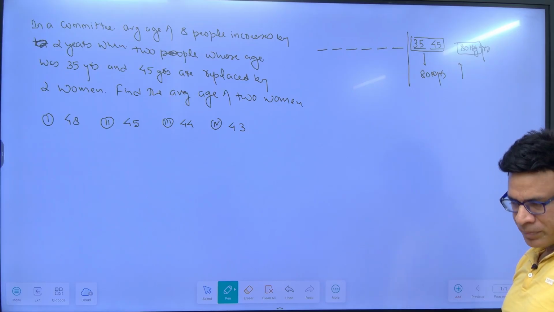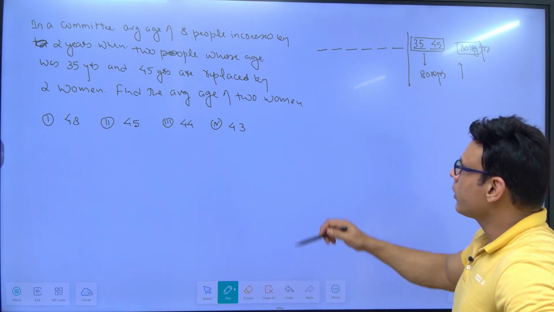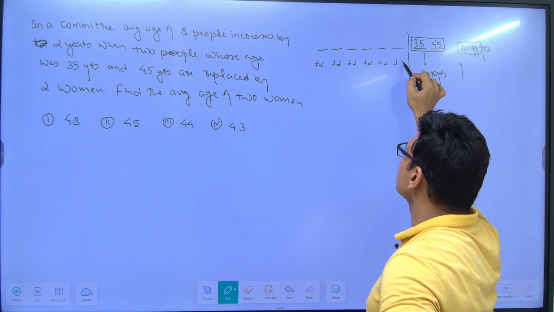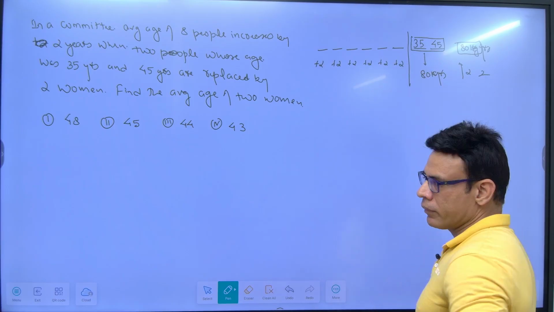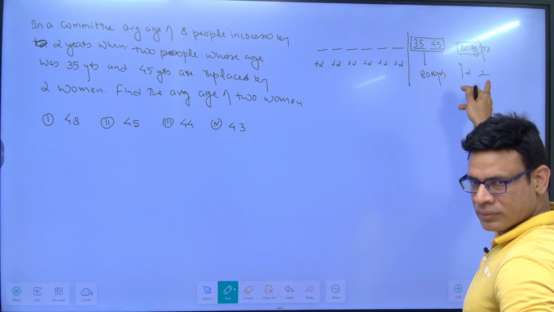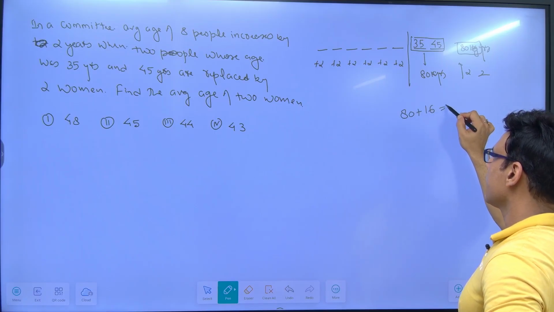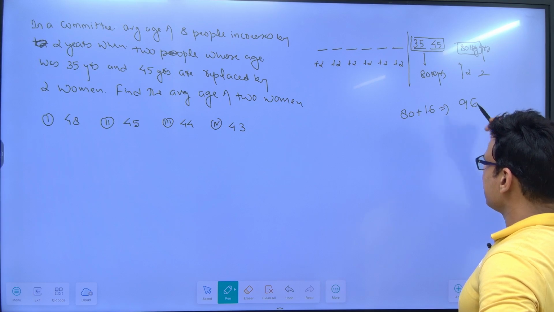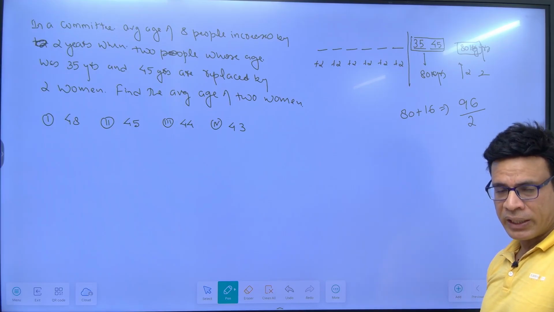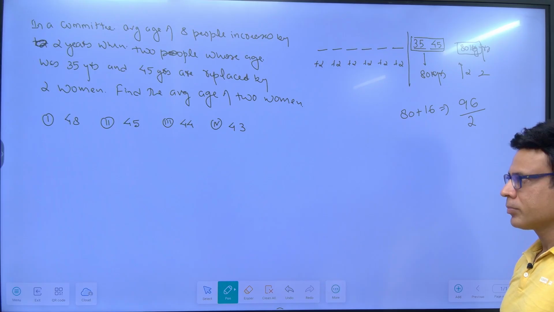After that, whatever is extra, they will divide by giving 2 to this, 2 to this, 2 to this, 2 to this, 2 to this, 2 to this, and 2 among themselves. How much have they distributed? 16. Earlier they kept 80, and 16. How much is it? 96 is the total age of the two people. So to find the average age of these two, 96 divided by 2 is the answer.